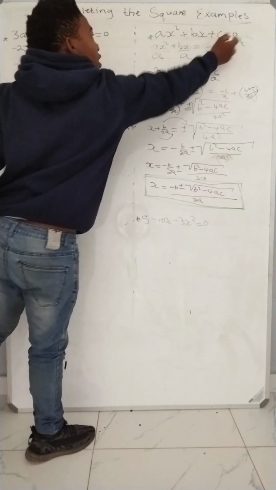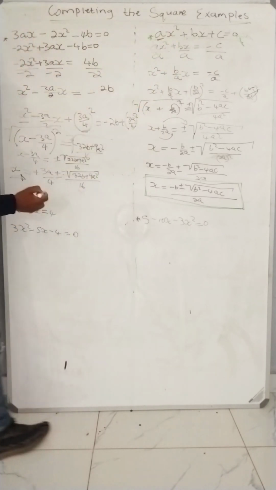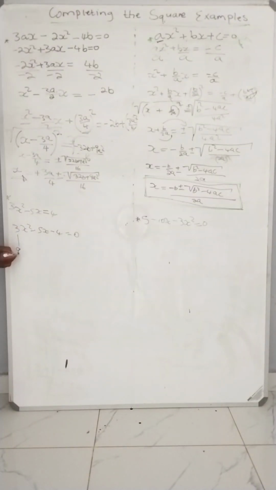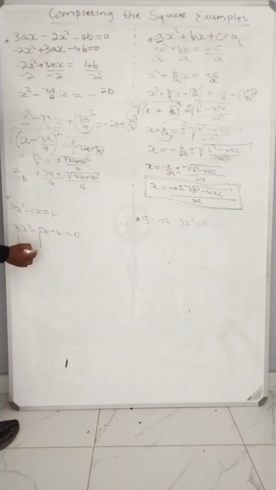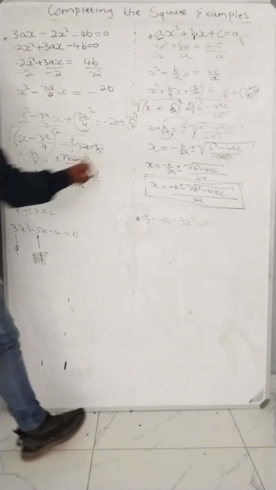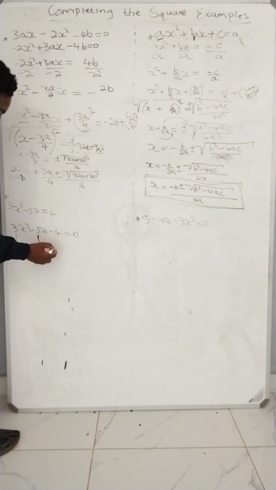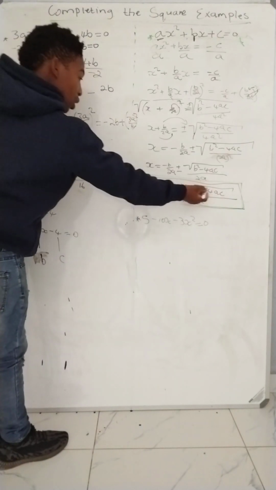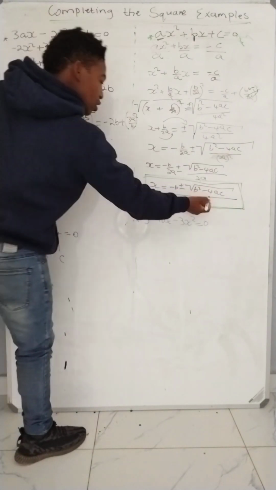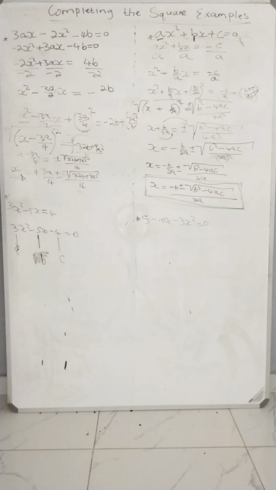You have the value of a, which is 3, right? You have the value of b, which is minus 5, all right? You have the value of c, which is minus 4, okay? Like that. Now, you can just go ahead and plug your values of a, b, and c into the quadratic formula and get your answer.